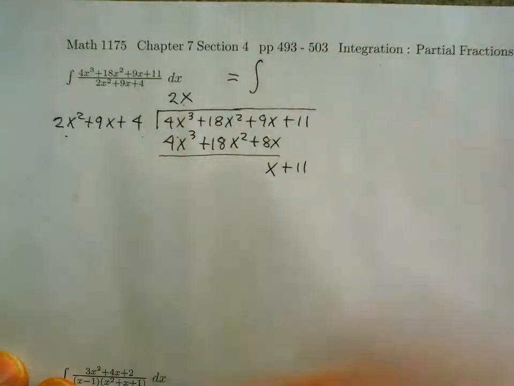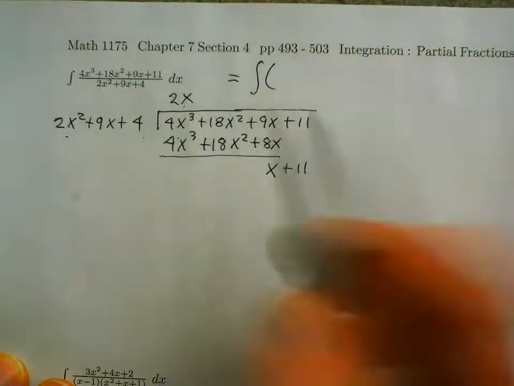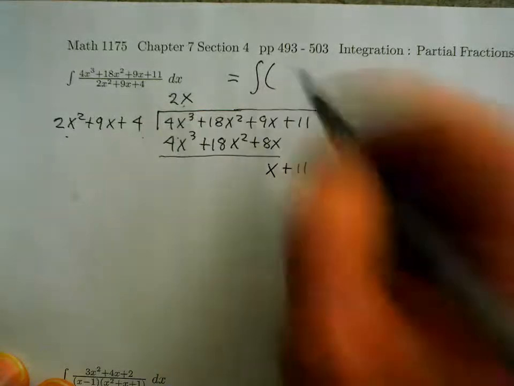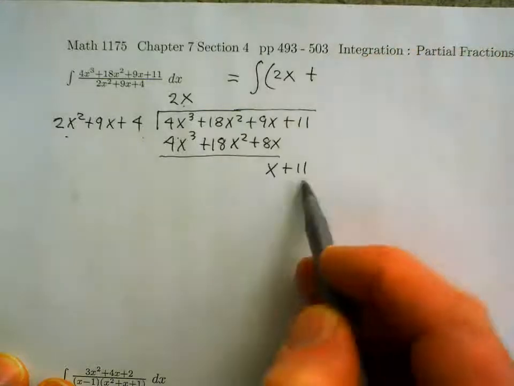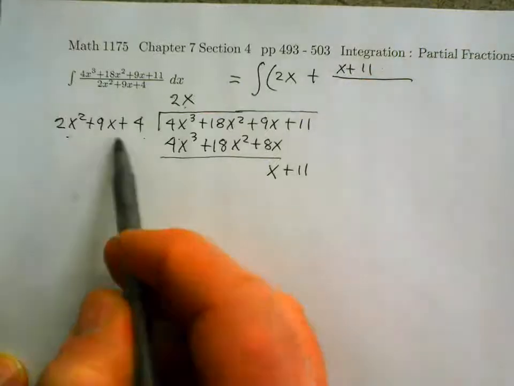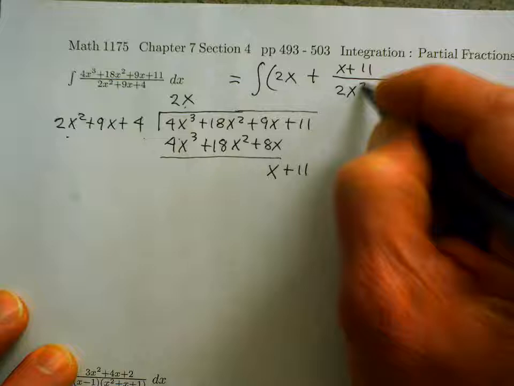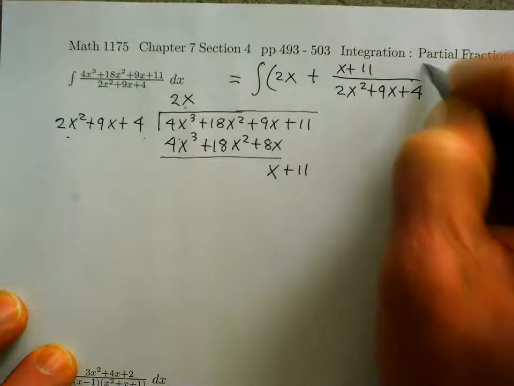So the integrand of the indefinite integral becomes 2x, and then plus the remainder, x plus 11, over the divisor, 2x squared plus 9x plus 4, dx.